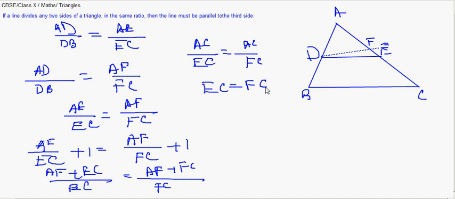So DE is parallel to BC. This is a kind of proof by contradiction, like when you assume something is rational and try to prove it and get the resultant answer that it is irrational. Similarly, we are doing here that we are first assuming DF to be non-parallel to BC, and later on proving how DE is actually parallel to BC.